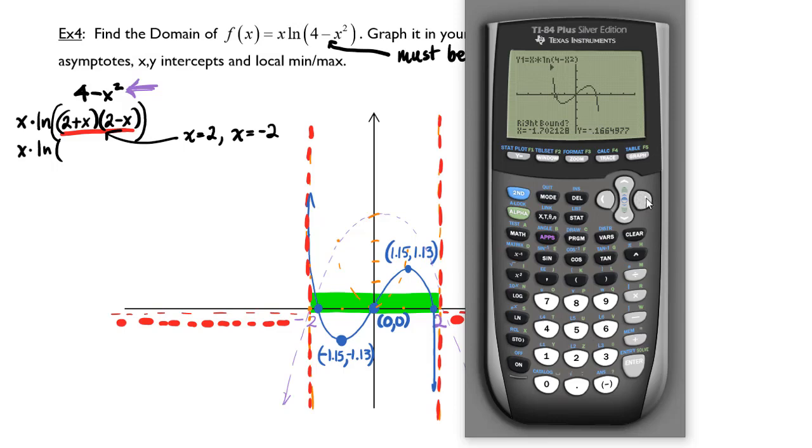Then we'll go to the other side of the x-axis and hit enter again, and then guess the intersection. And we have a 0 at negative 1.73, negative 5.23 times 10 to the negative 13th, which is basically 0. So we'll say the 0 is at approximately negative 1.70.